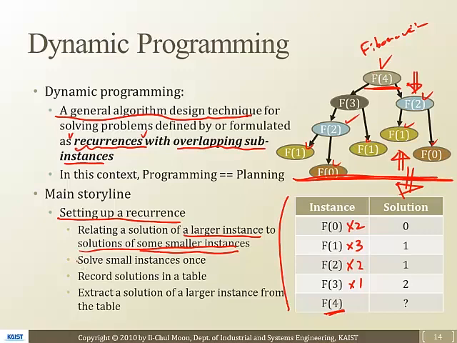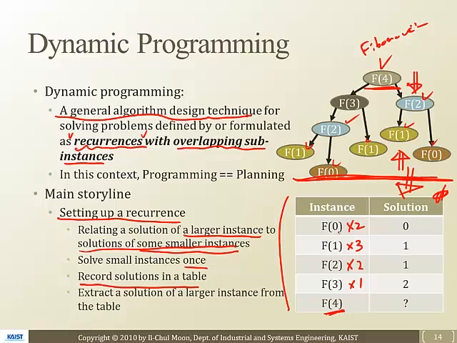We are going to solve some instances once. We are going to solve smaller instances like F0 and F1, which are quite easy to solve because they are already given. And we are going to record the solutions in a table like this, right? Then we extract a solution of a larger instance from the table.